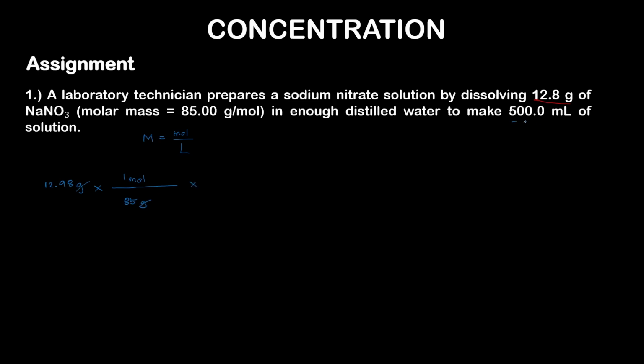It was given here the volume of the solution, which is 500 ml, but we must convert it to liters. So 1 mole is above, liter is below. But we were given ml, so let's convert it to liters. 1000 ml is 1 liter. We can cancel that, and now we're left with 1 mole per liter.